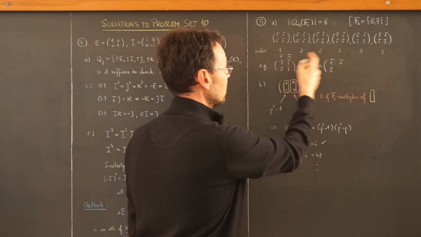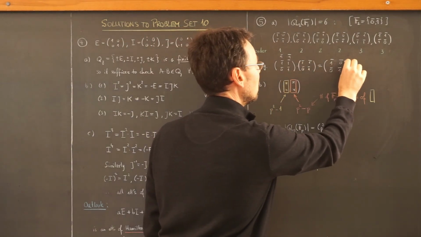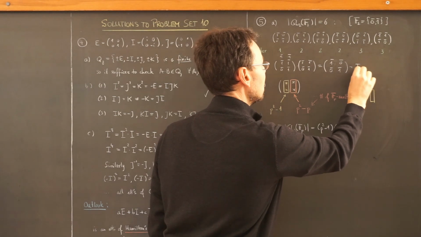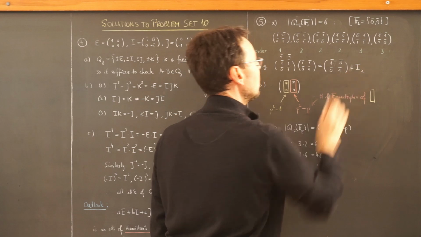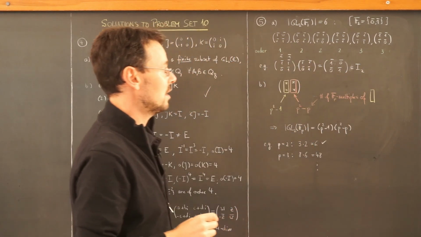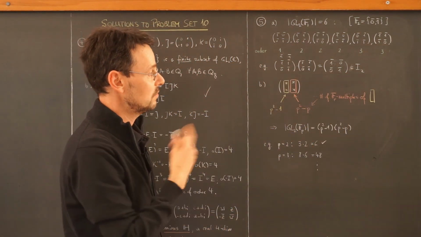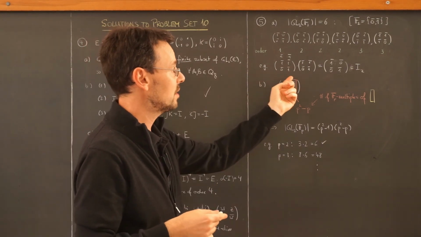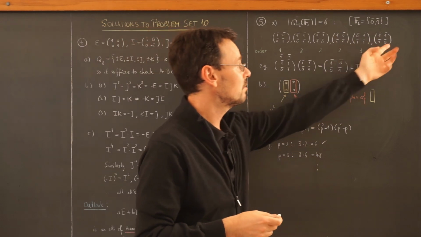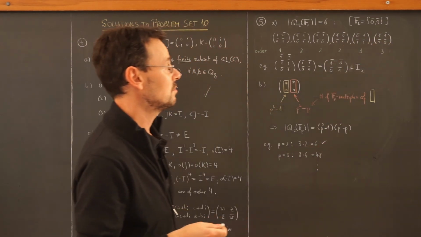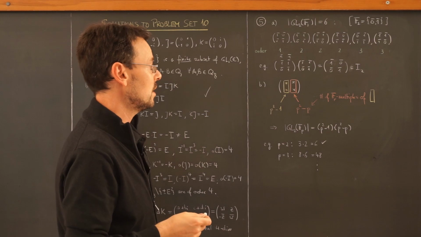And the last one gives me this. So this is clearly the identity matrix, showing that the order of this element here is 2. If you need a little more practice with matrix multiplication and dealing with finite fields, please verify, for example, that the order of this matrix here is 3.